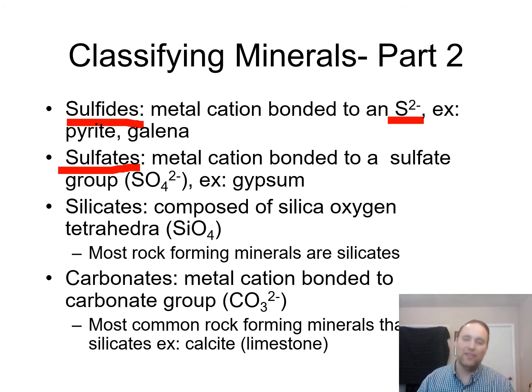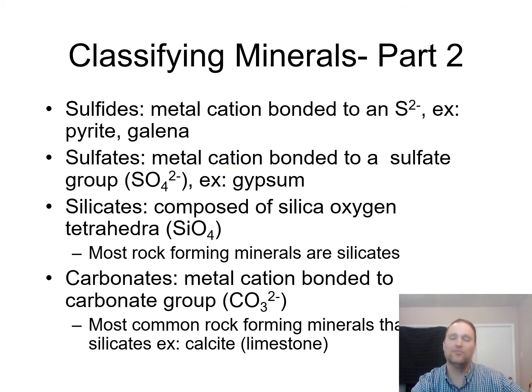And then you combine that with various metals to balance out the charges and so on and so forth. The sulfates, though, you combine the sulfur with 4 oxygens first. It still has a -2 charge to the group, and then after that you combine it with various metals to get the different sulfate minerals. But we'll take a look at the sulfides and the sulfates in a minute.